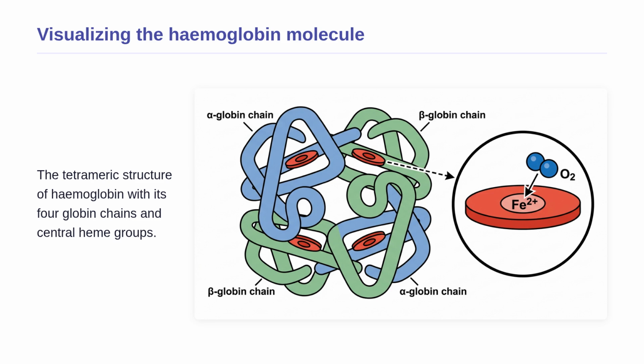Those are the heme groups. We have zoomed in on one of these heme groups on the right. Right in the center of that red disc is the iron ion, and you can see an oxygen molecule binding directly to it. This beautiful, symmetrical architecture is exactly what allows you to breathe and survive.